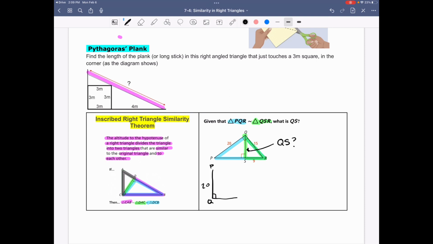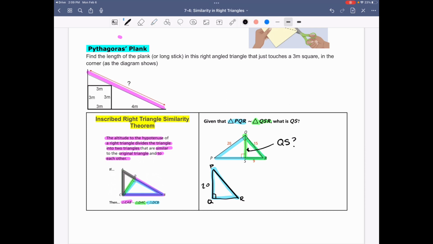Let me just think about that. Yeah, the hypotenuse we don't have the measure for because it's pieced together. So we just have the 20. That's this blue one, PQR.